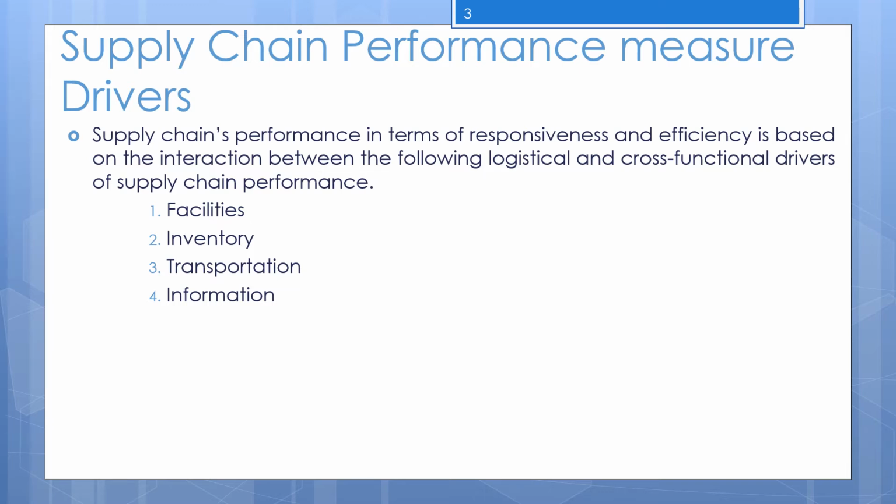Now, if you look at the components of facility decisions, the decisions regarding facilities are a very crucial part of supply chain design. As we know, identifying the components of facility decisions that companies must analyze: first, role.